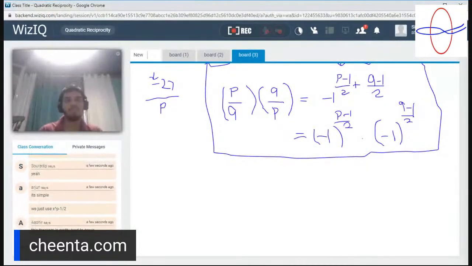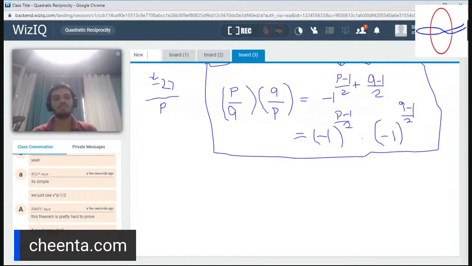So remember, Arjun, the reason why we cannot do what you're saying is, just to explain what Arjun is saying, he's saying that we'll use the Euler's criterion directly to replace P by Q with minus 1 raised to P minus 1 by 2.